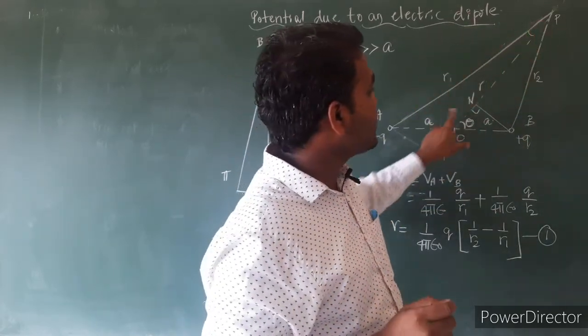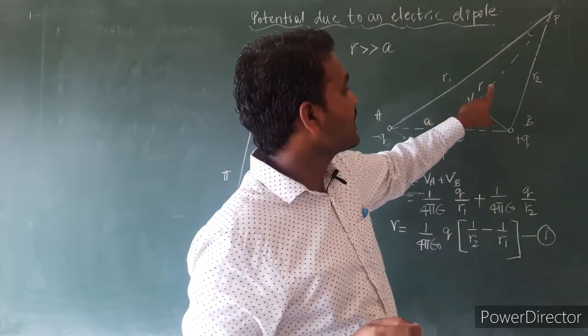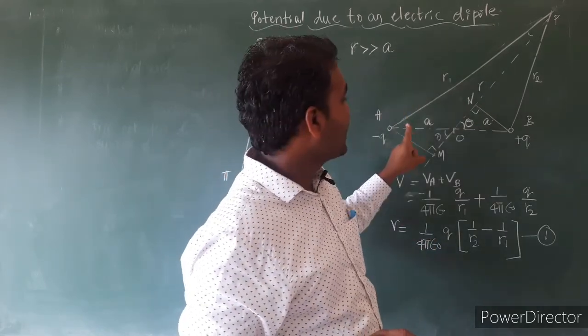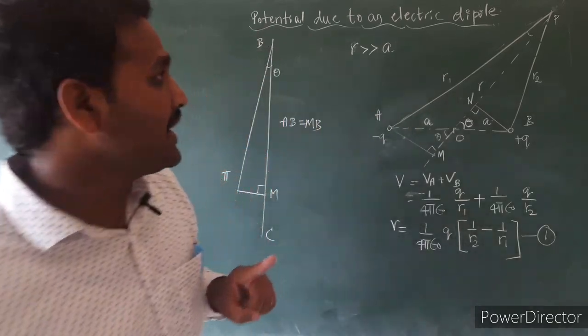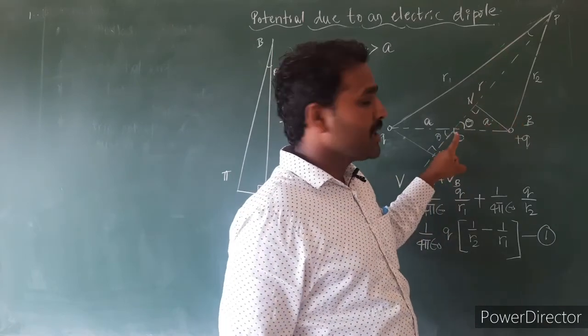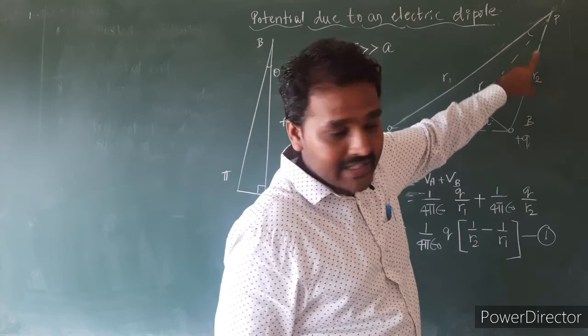We feel as if A is significant compared to R, but when I consider R much greater than A, we can neglect the distance A with respect to R. We have to keep in mind that point P is at a very large distance from midpoint O. So the angle between these two lines will be very small.